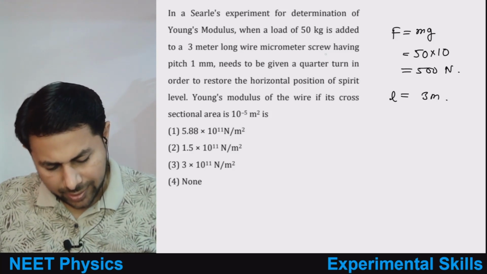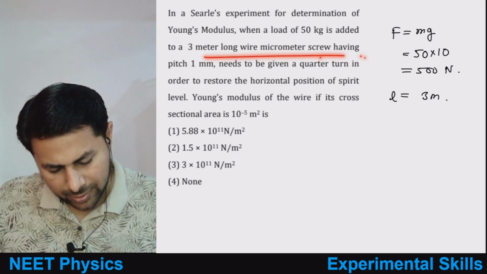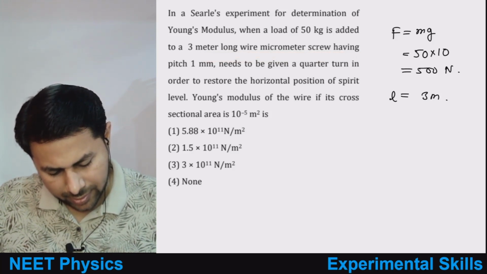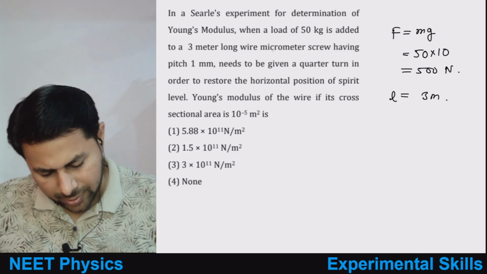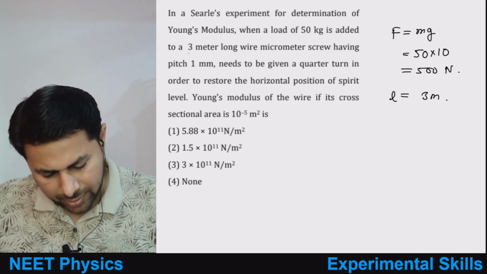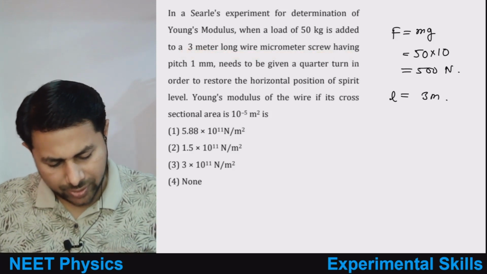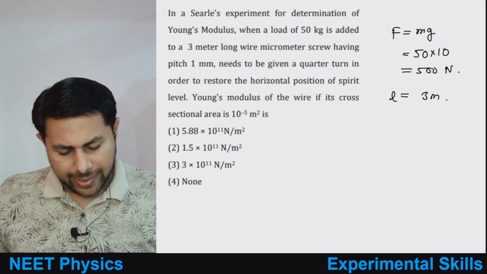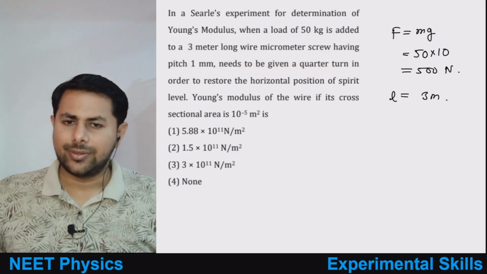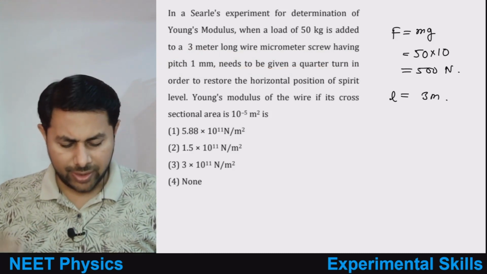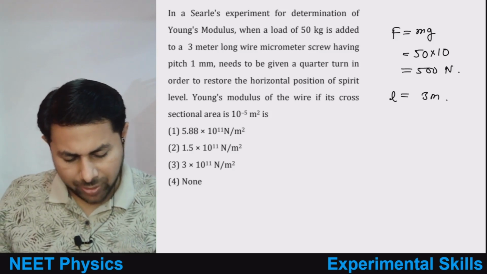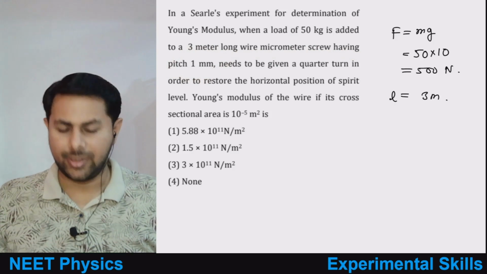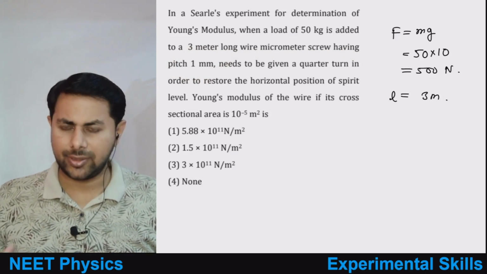And then, okay, a micrometer screw having pitch of 1 mm needs to be given a quarter turn. This is given. Another condition given in the problem is that the micrometer screw having pitch of 1 mm needs to be given a quarter turn in order to restore the horizontal spirit level.